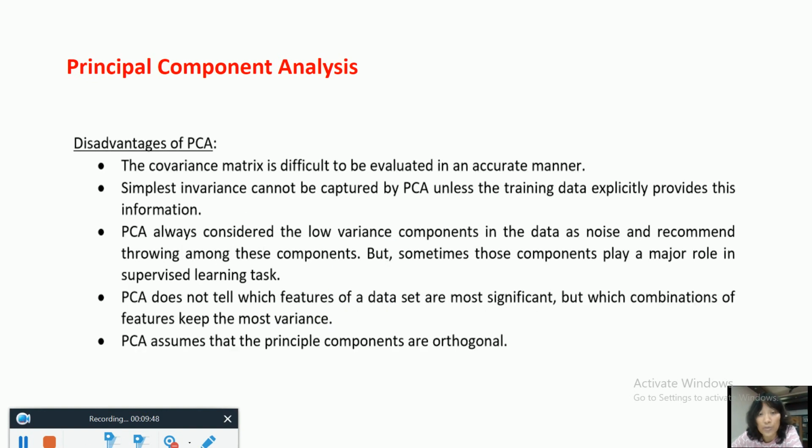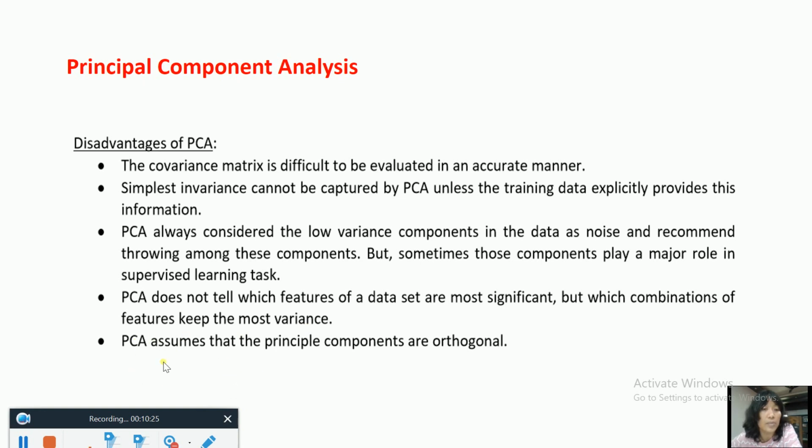So this is also one of the disadvantages, and these low variance components which PCA considers may have noise and distortion. The next one, PCA does not tell which feature of the data set would be most significant, as PCA only creates the principal components, considering the data points projected on those principal components, but principal component analysis may not actually represent the important features of any data.